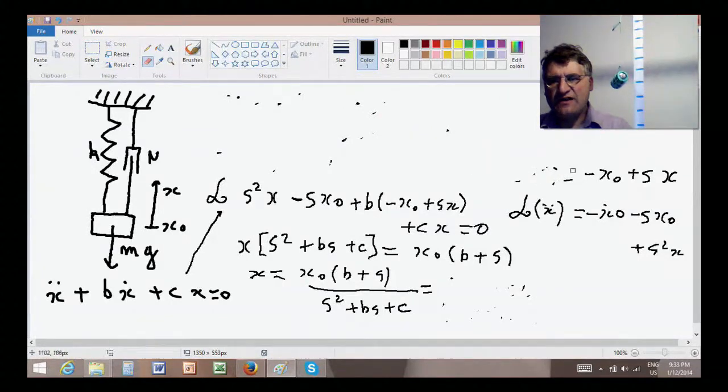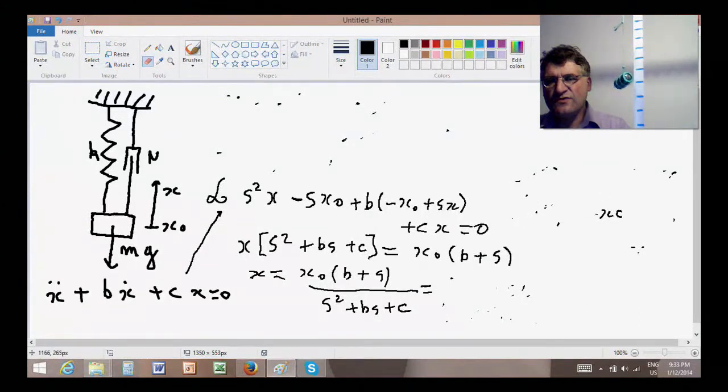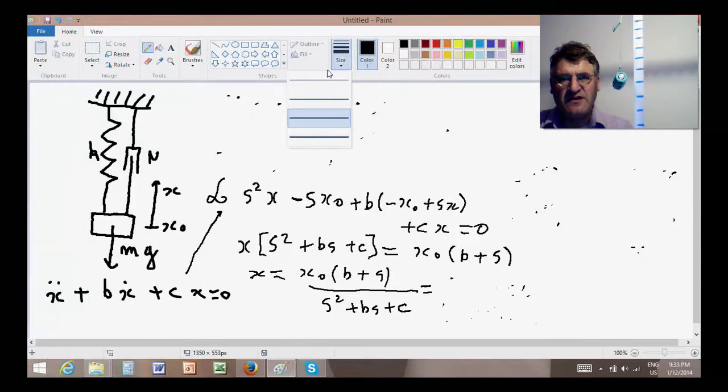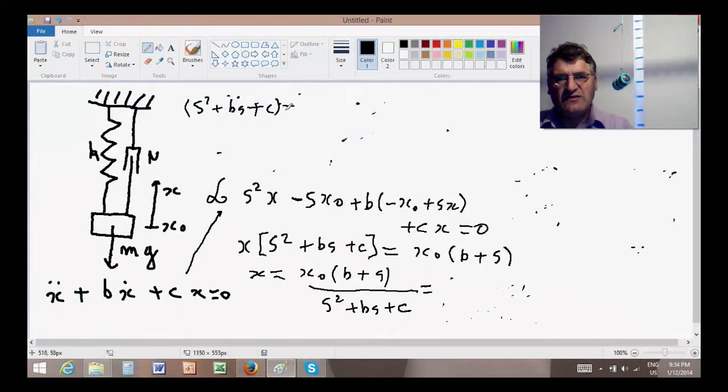And if we erase our reminder Laplace transforms, we get that we can factorize s squared plus b s plus c as s plus a times s minus a.